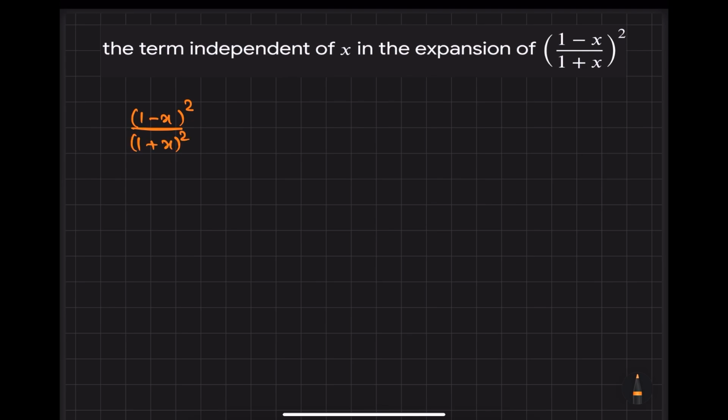And can I write this thing as (1 minus x) power 2 into (1 plus x) power minus 2? Correct? Now you know that (a minus b) whole square is a square plus b square minus 2ab, and then we have (1 plus x) power minus 2.